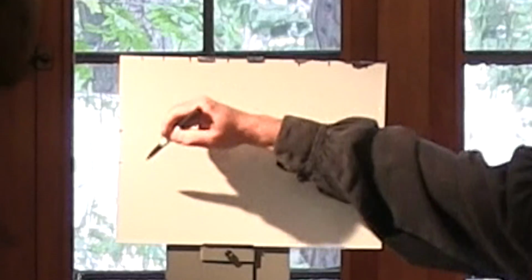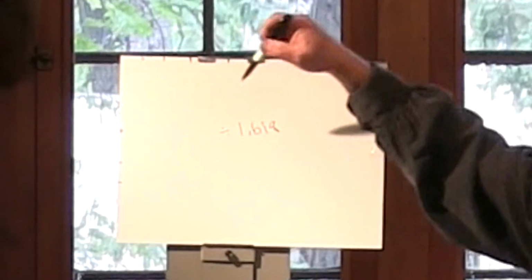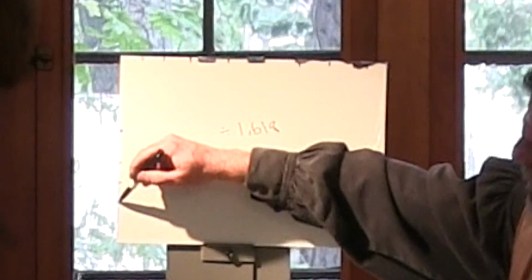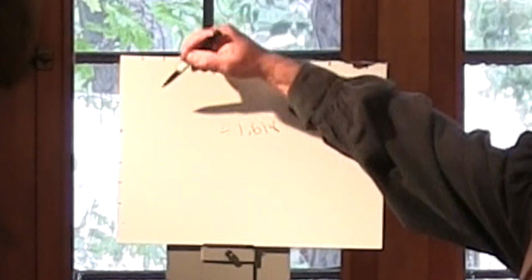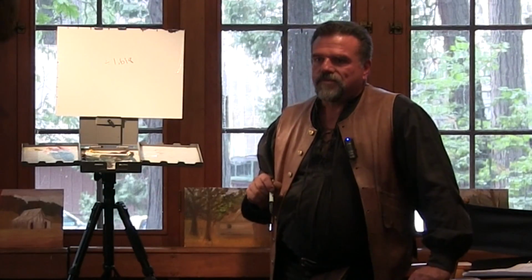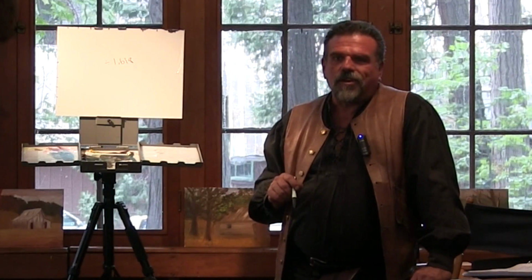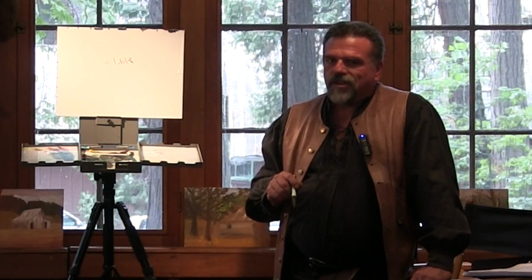You keep dividing by 1.618, and then you flip that and you get these. So that's basically the golden mean lines, or divine proportion, golden ratio, Fibonacci circle, all of those Greek terms and philosophies.